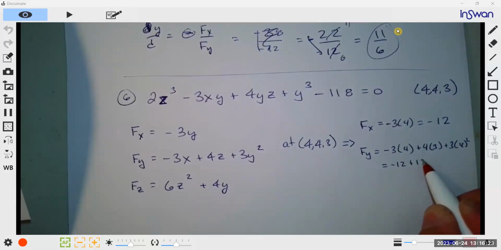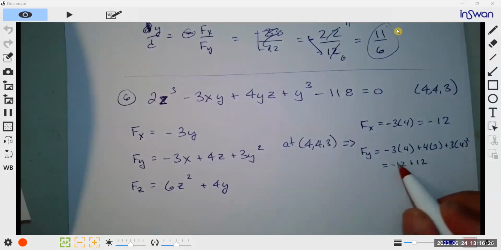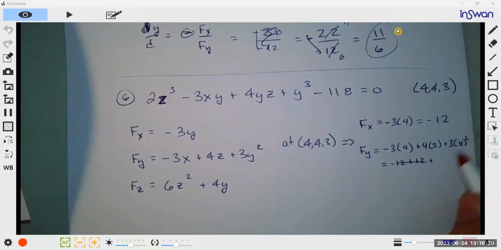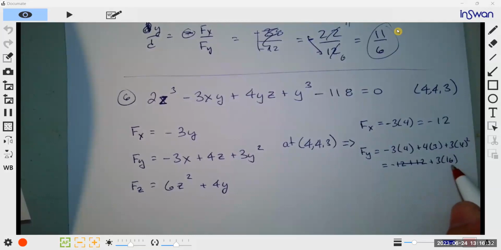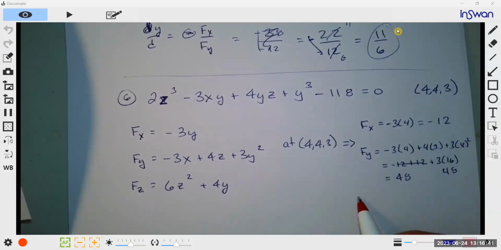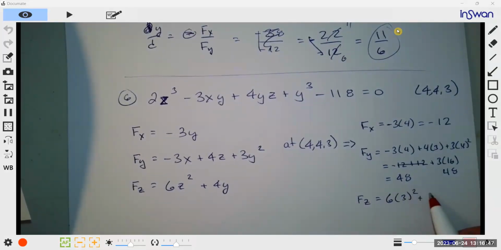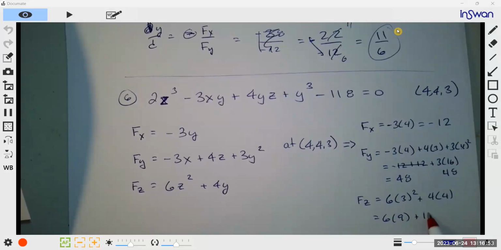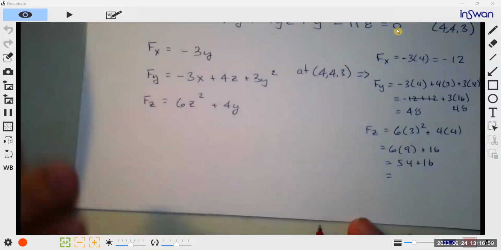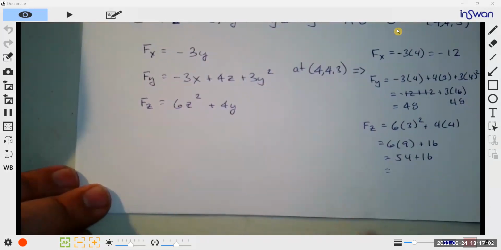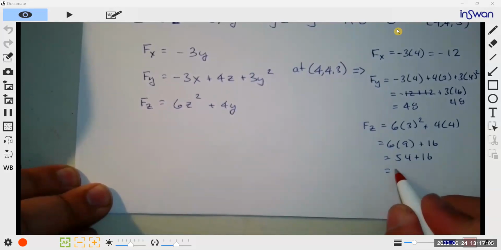Negative 12 plus 12, so those cancel. 3 times 16 is 48. And F_z: 6 times 3 squared plus 4 times 4. 6 times 9 is 54 plus 16, which is 70.